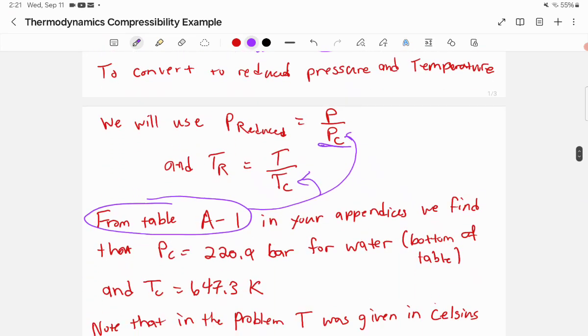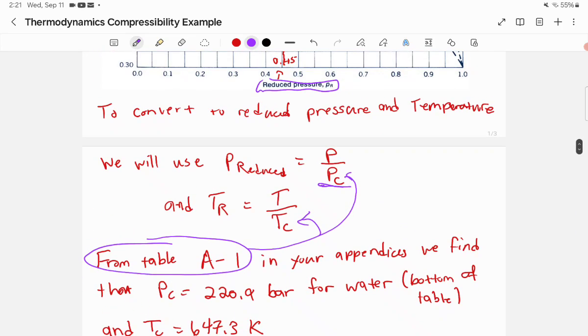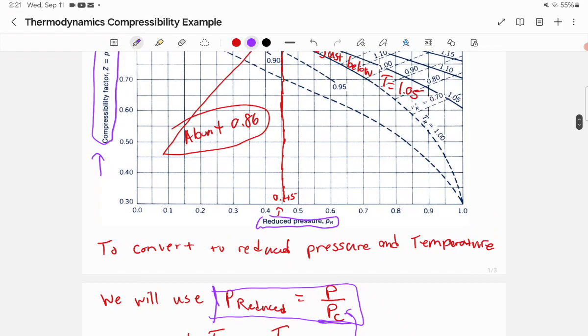So the reduced pressure is the pressure divided by that critical pressure, and notice that this is going to be a unitless quantity. The same thing with the temperature. It's going to be a unitless quantity, and it's the same idea. We divide by the critical value in order to find the reduced.